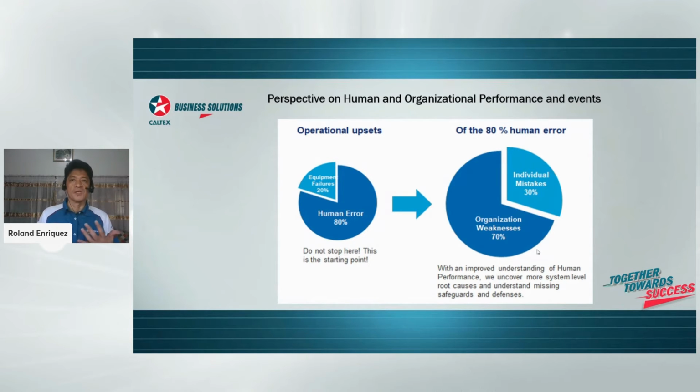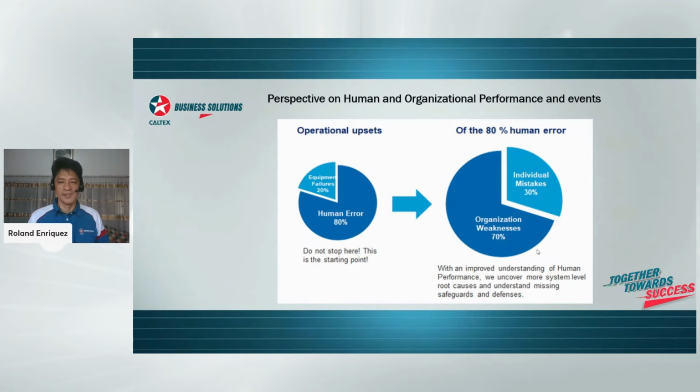During our incident investigation to really prevent recurrence, our normal tendency is, after we identify the root causes, we stop when we identify that this is due to a human error, which is not correct. So right now there is a shift in perspective. We no longer stop at the human error, but we go to the organization.